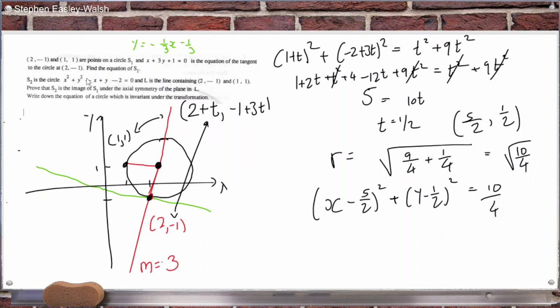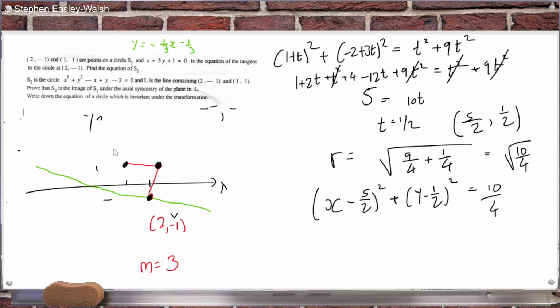S2 is that circle, and L contains those 2 points, and prove that S2 is the image of S1 under axial symmetry of the plane. So I'm going to need, I might even have to expand that, but okay, let me just make a little bit of space.